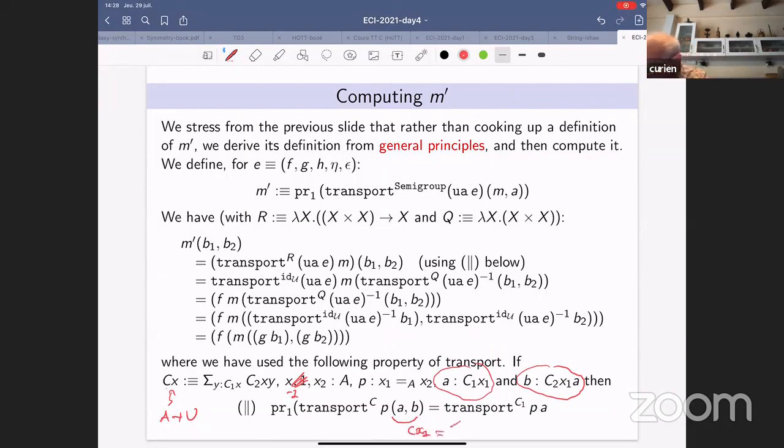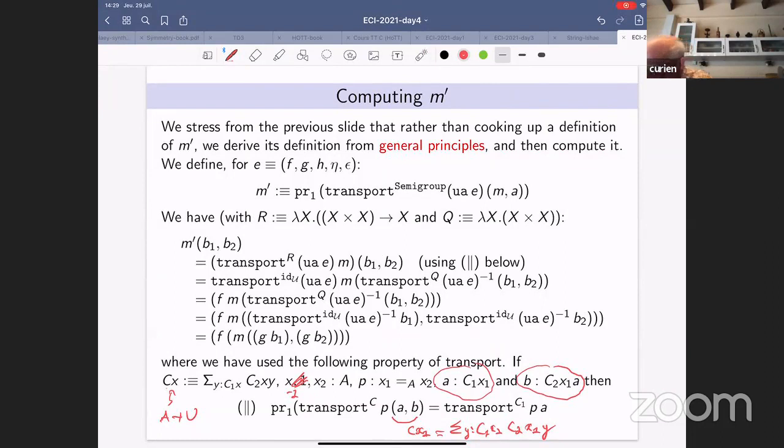Let me write it explicitly because I want to be very slow in these slides. In this slide, I instantiate X with X1, so it's sigma Y dot C1 X1, C2 X1 Y. So AB belongs to this type.